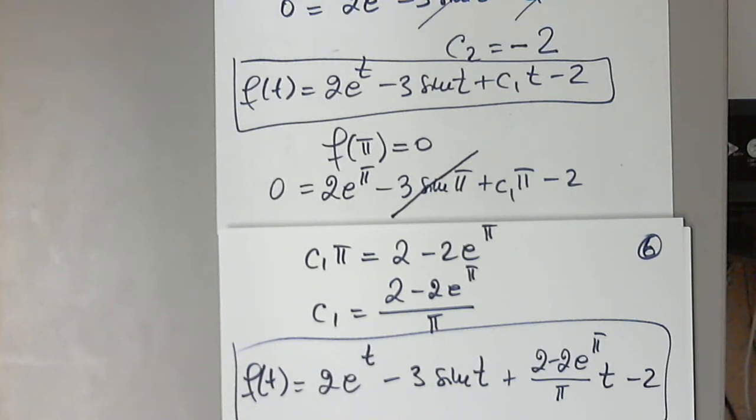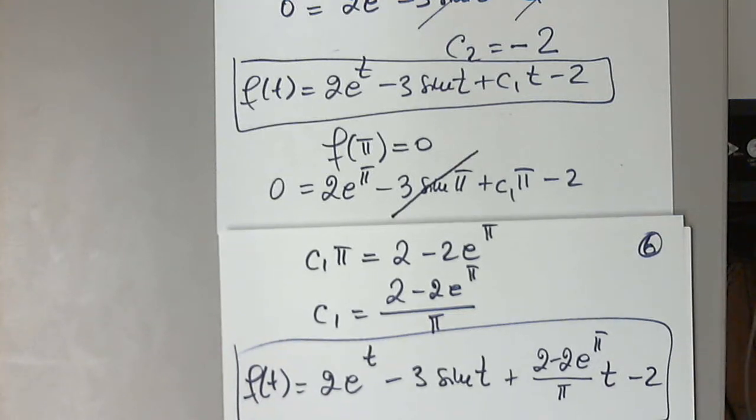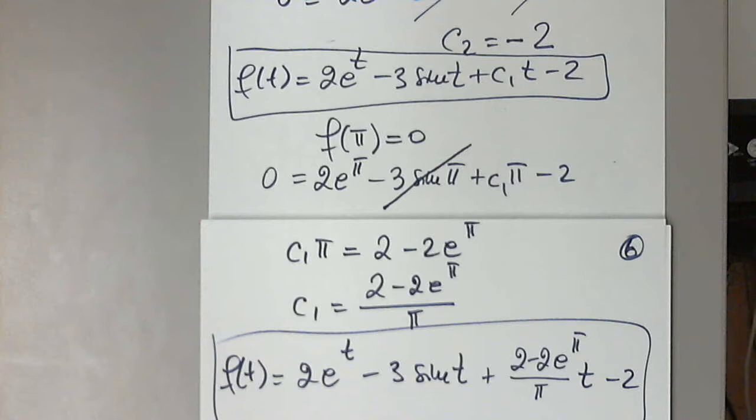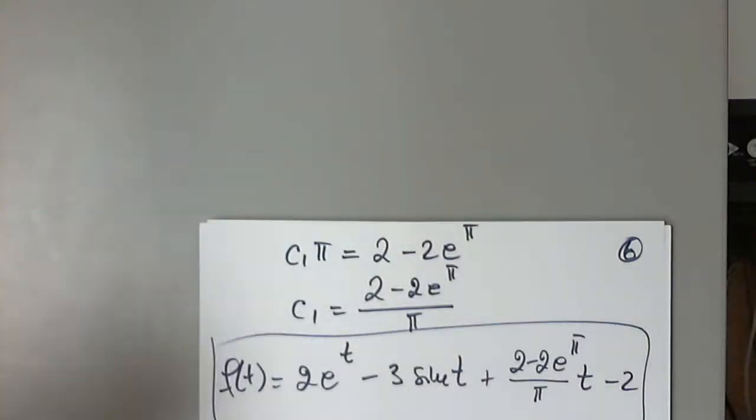What conditions? F of 0 is 0, f of pi is 0, and the given second derivative. Is this okay? Yes? Any questions? Okay.